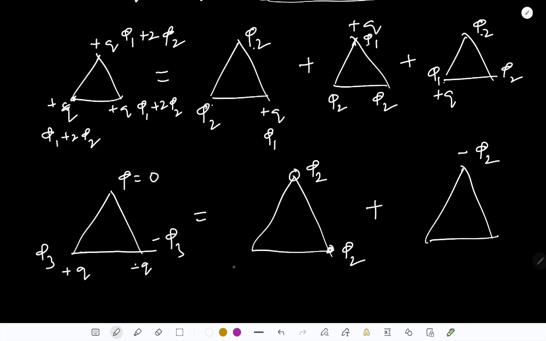But if I put the charge plus q here and charge minus q here, its potential is going to be minus phi 2, minus phi 1, because its potential I'm going to write phi 1. And we had this situation earlier in part 1 of the problem. And this potential will become simply minus phi 2.